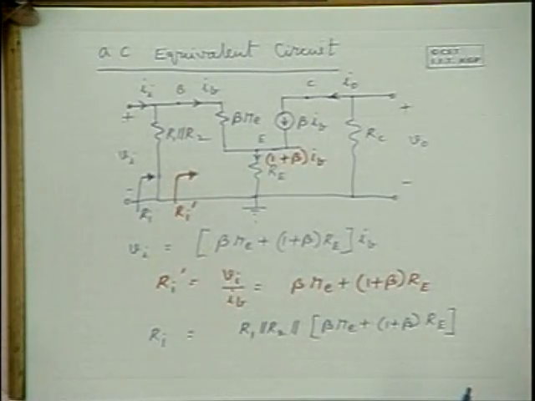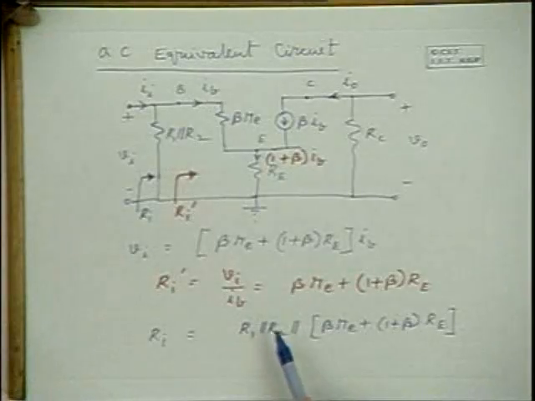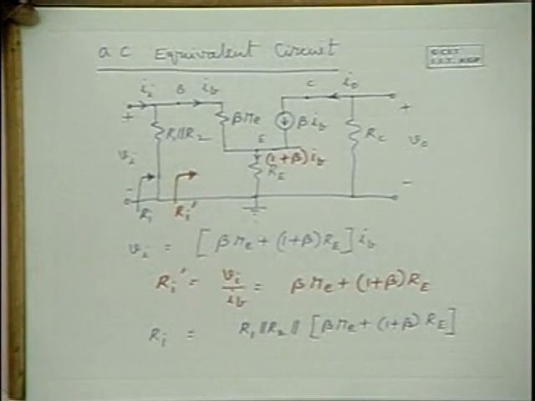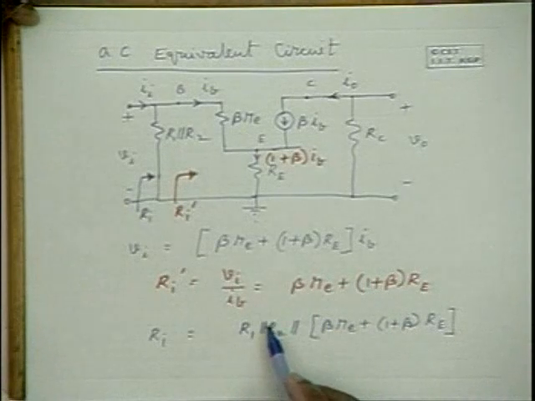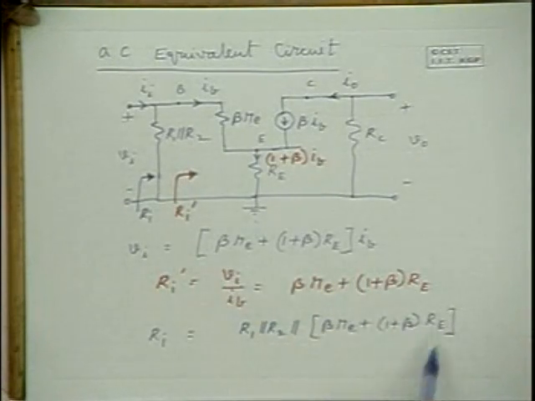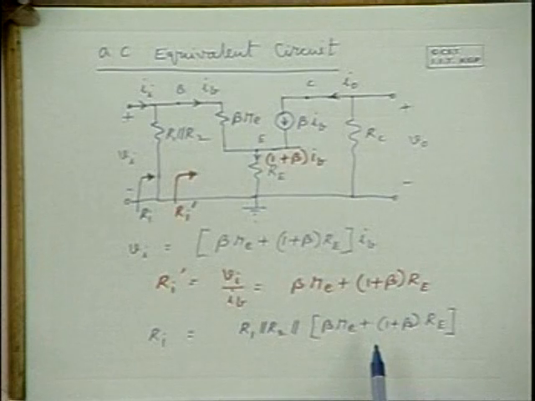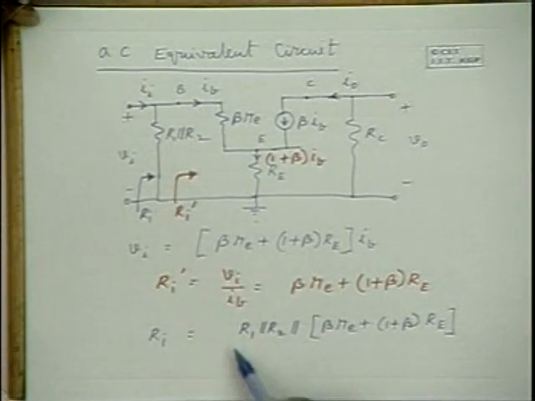Therefore, input impedance is considerably increased in this circuit, provided R1 in parallel with R2 is much larger than this. If this itself is say 1K and this is 1 mega ohm or 100 kilo ohms, the parallel combination is going to be 1K itself, because this is negligible compared to this.